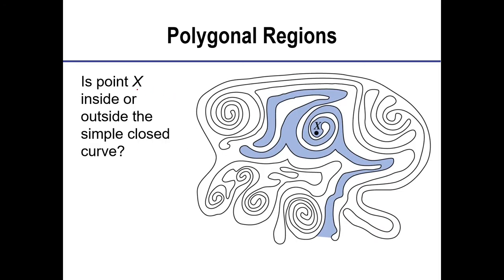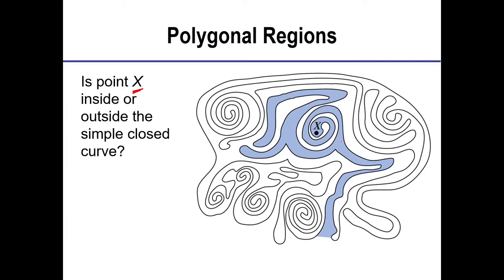So let's do an example with a simple closed curve. This is a simple closed curve. Although it looks complicated, there are no overlaps, and it does start and stop at the same point. Now the question is, is x inside or outside of the curve?